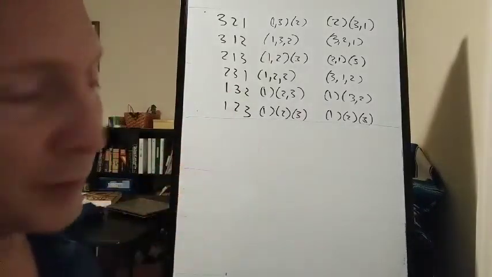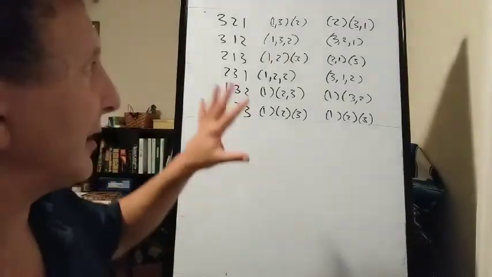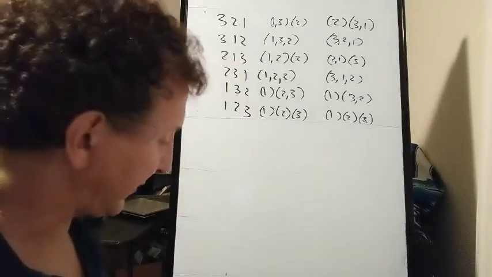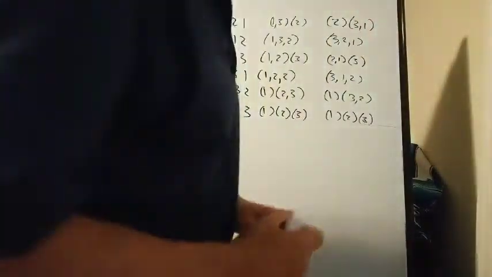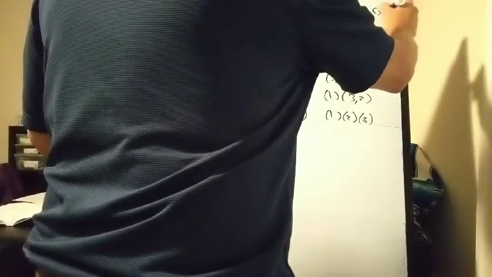So since we're doing something that's related to cycles, I left the cycles here from last time. And let's just write down the number of cycles in each permutation. So there's 2 cycles, 1 cycle, 2 cycles, 1 cycle, 2 cycles, 3 cycles.